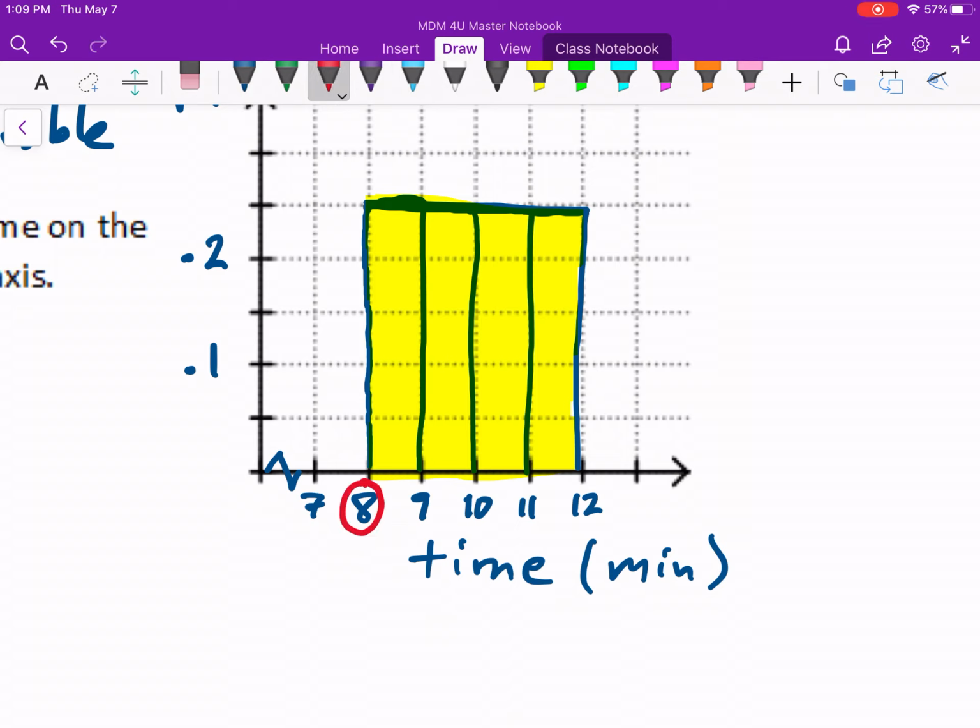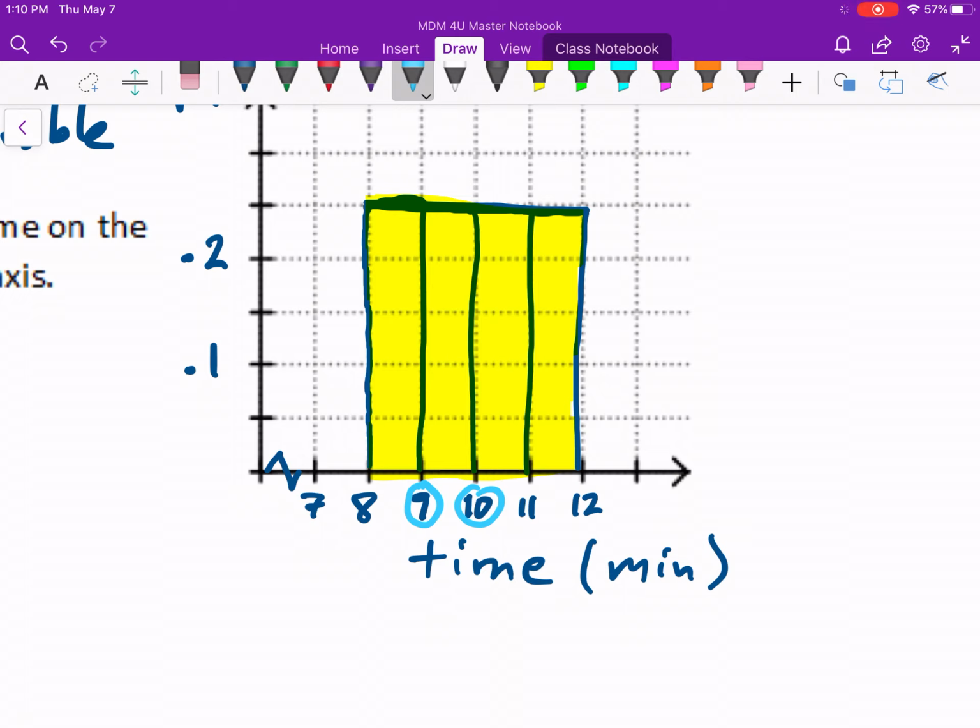So I put the 8 and the 9 on the edges of those bars. That first bar is literally going from 8 to 9, and that's why the numbers are right there on the edges. The next bar is literally going from 9 to 10. That's why those numbers are on the edges. I don't have to write the 9 down twice, it's just on the dividing line.